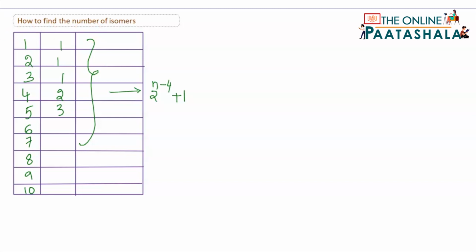First, let's check it by taking n equals 1. 2 power n minus 4 plus 1 is 2 power 1 minus 4 plus 1, so 2 power minus 3 plus 1. As this is negligible, we take it as 1 only.